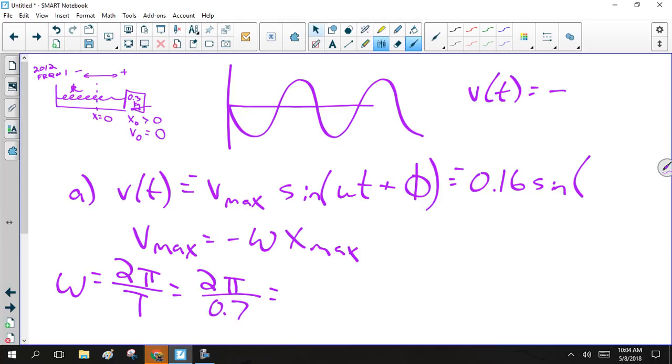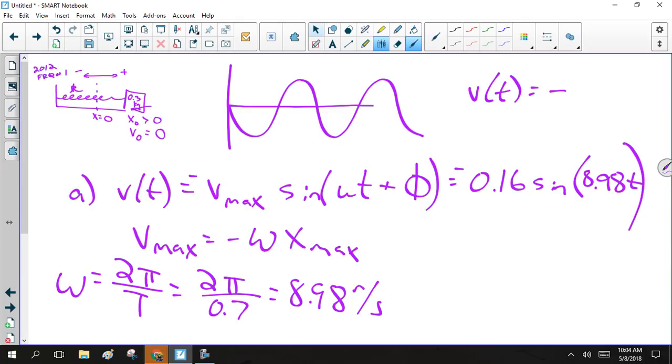And so that gives you 8.98. Cool? So 8.98 times t, and is there any shifting of the graph? No, it looks like at time 0 our velocity is 0. So check. So no phase constant there.